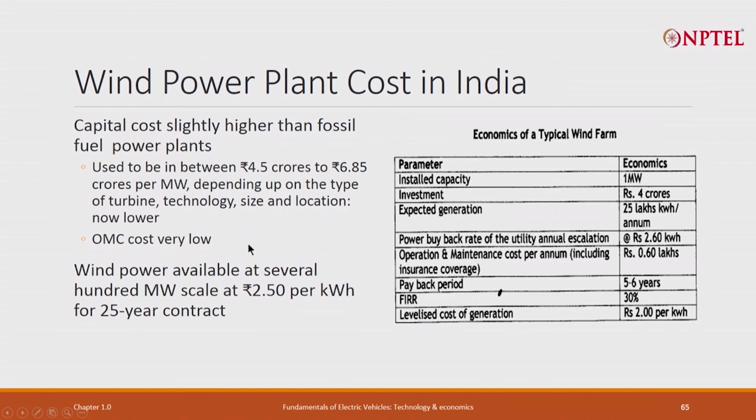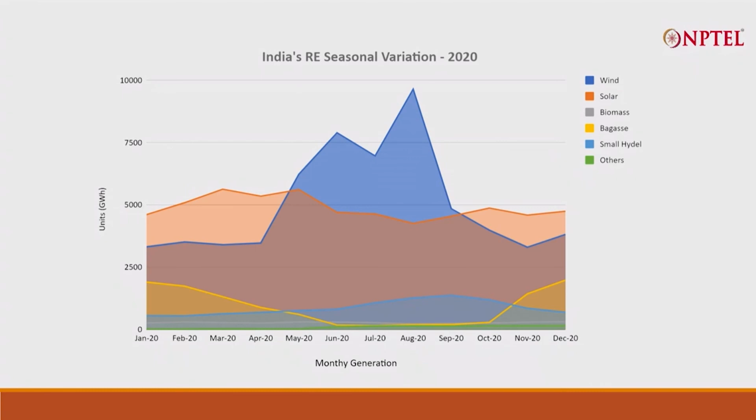Today the cost is less than 2 rupees 50 paise per kilowatt hour. One can do detailed costing and detailed economics, just like what we did. You have to take into account installed capacity, investment, expected generation, and then you can calculate the depreciation and interest over so many years, and you can see how much return you will get.